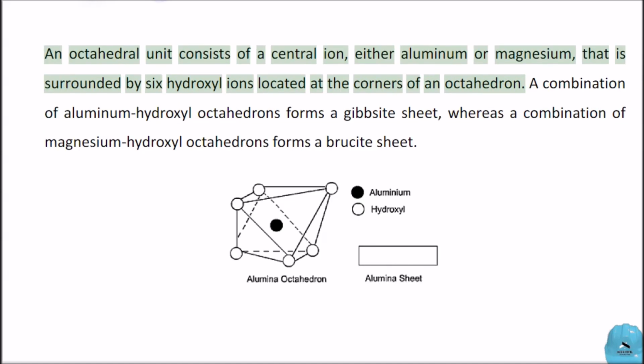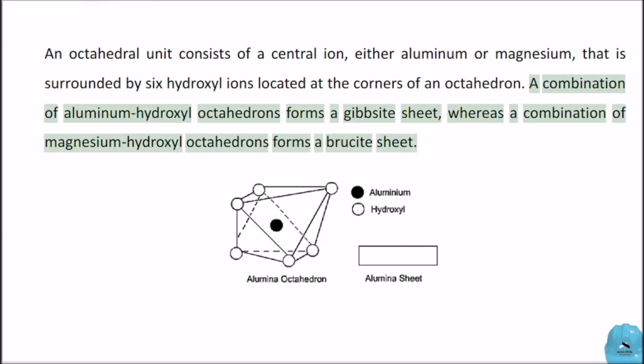An octahedral unit consists of a central ion, either aluminum or magnesium, that is surrounded by 6 hydroxyl ions located at the corners of an octahedron. A combination of aluminum hydroxyl octahedrons forms a gibbsite sheet, whereas a combination of magnesium hydroxyl octahedrons forms a brucite sheet.